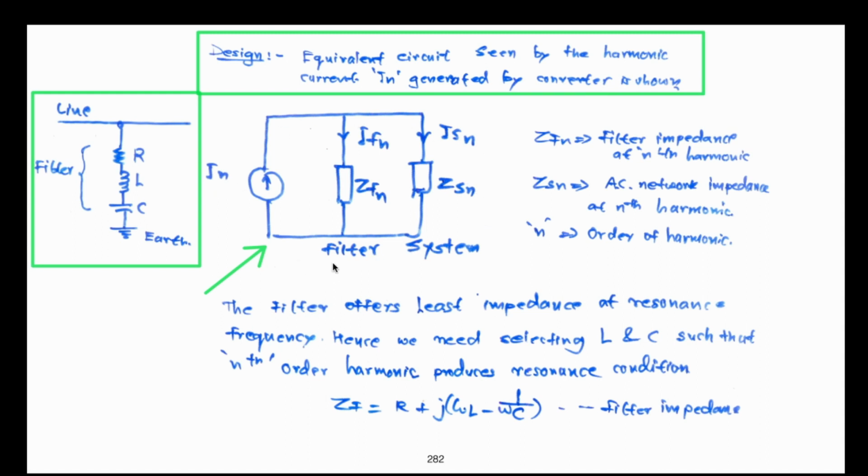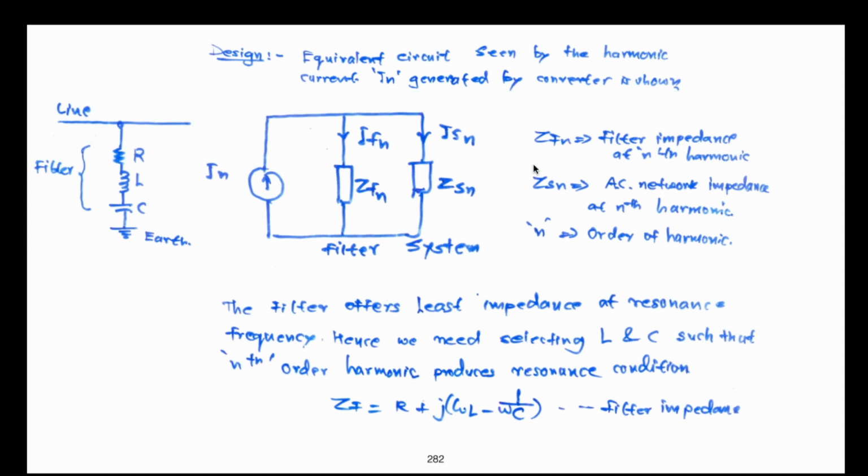So we are designing a filter, replacing the source by an nth harmonic current source, because on the AC side the harmonics are in the form of current. So the current harmonic we want to eliminate. That's why Norton's equivalent circuit is drawn.